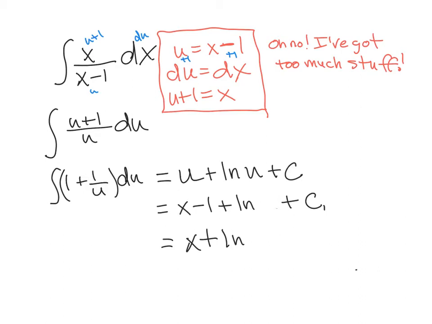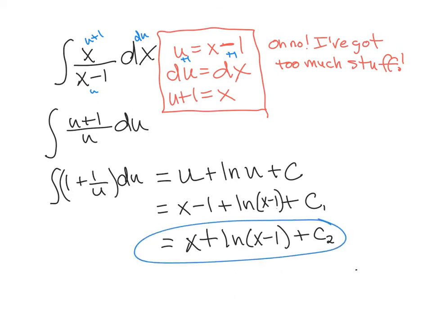If I'm going back to my x's, this is x minus 1, and this is x minus 1 plus some constant. You don't have to do this. I used the 1 and the 2 to show you that it's still a constant. I've just changed it by a little bit. And that is that. Not too bad, huh?